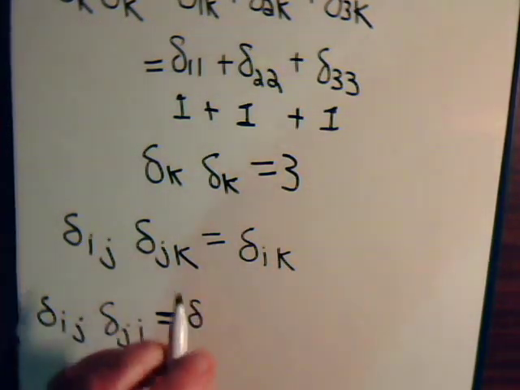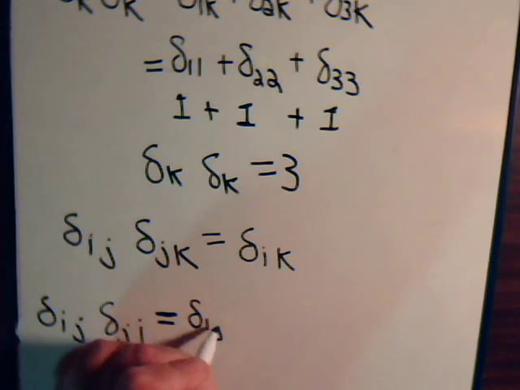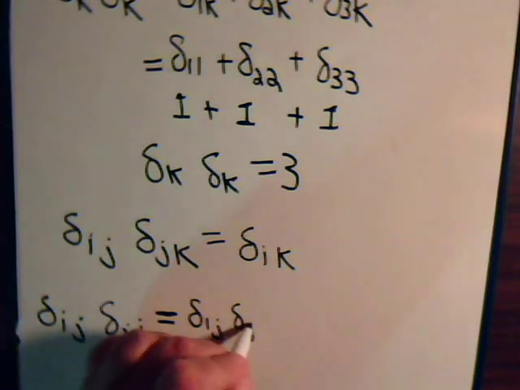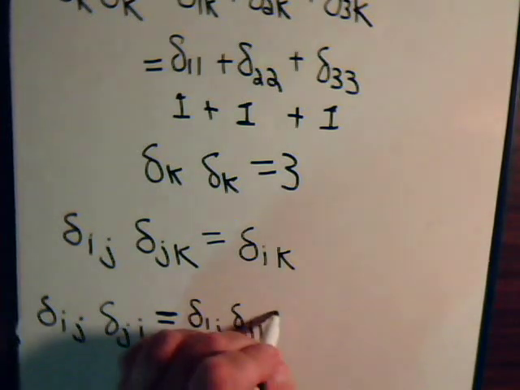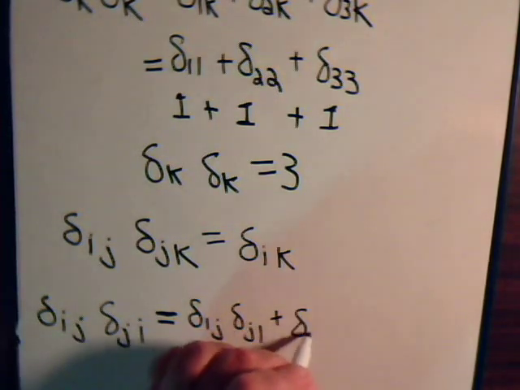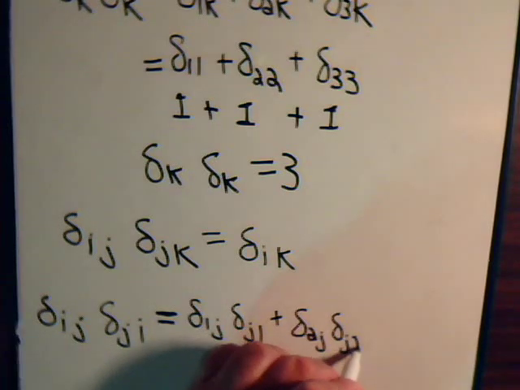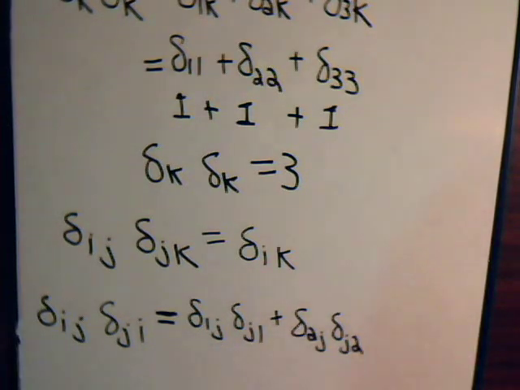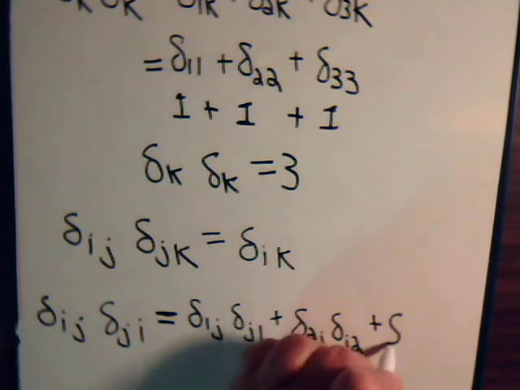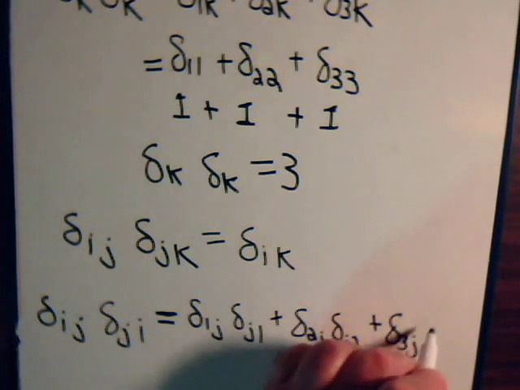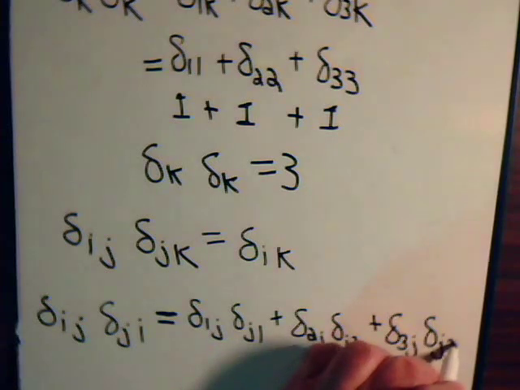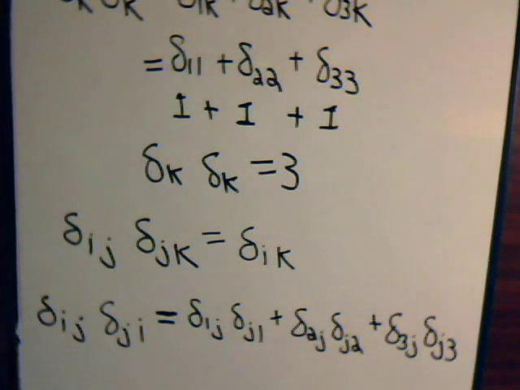So you have delta 1j, delta j1, then i equals 2, so we have delta 2j, delta j2, then i equals 3, so delta 3j, delta j3. And now j can be 1, 2, and 3.